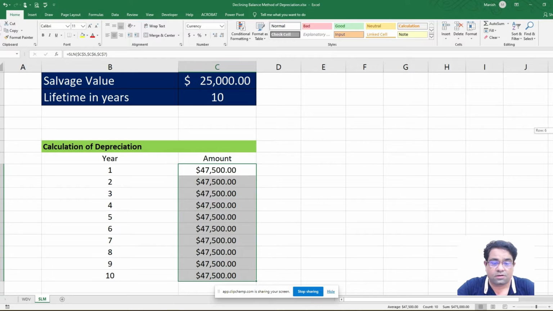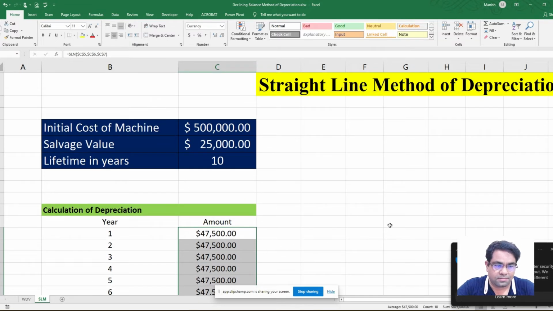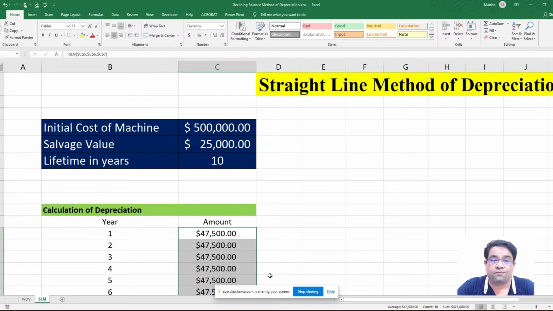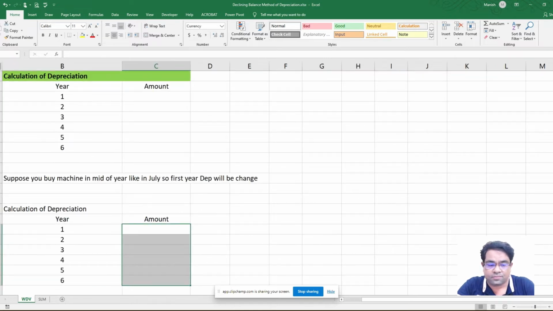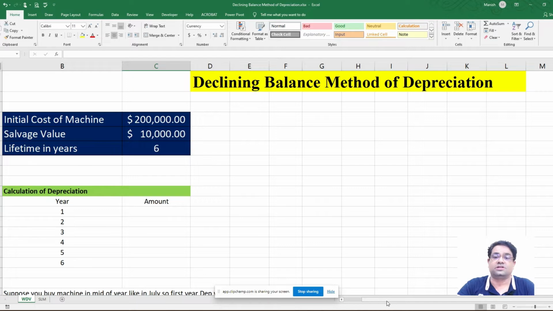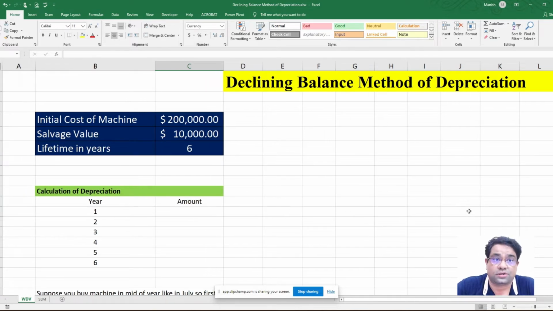Now we are going to learn the written down value method, or declining balance method. Let me give an example. The initial cost of one machine is $200,000.